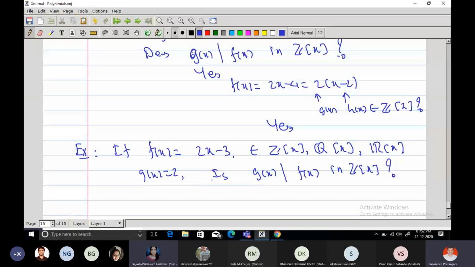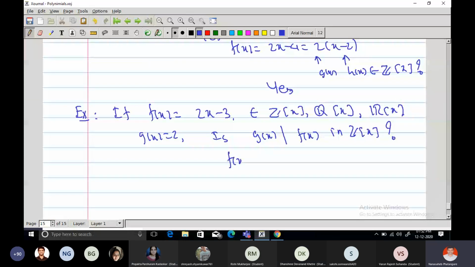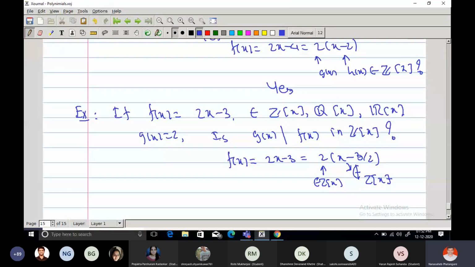No, because if I try to extract the factor 2 from 2x minus 3, I get 2 times (x minus 3/2). Then this is in Z[x], but the second factor is not in Z[x], so we cannot have both factors in Z[x]. Therefore, division is not possible in Z[x] by 2. So 2 does not divide this polynomial in Z[x].